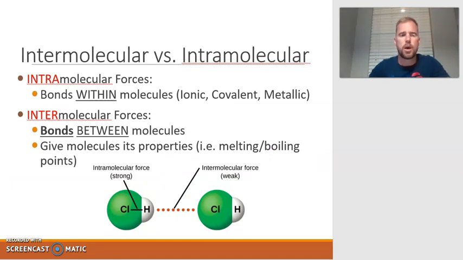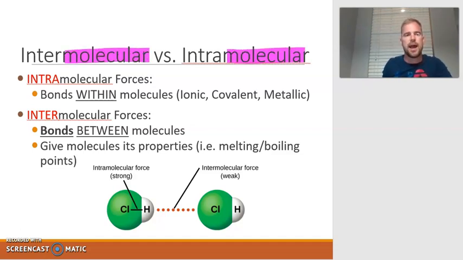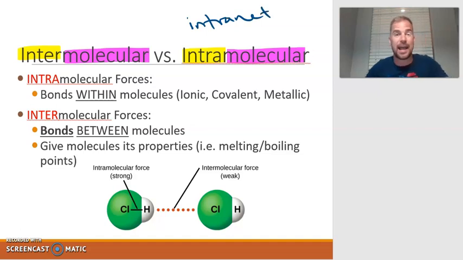Let's first talk about intermolecular versus intramolecular. They both have the key root word, molecular, right? But they have a different prefix, inter versus intra. You may have heard of intranet, which some of the companies you work at have. Intra means within.